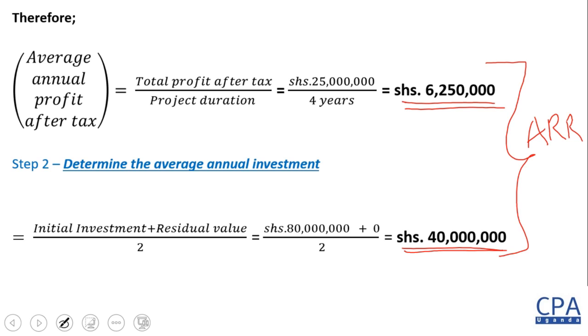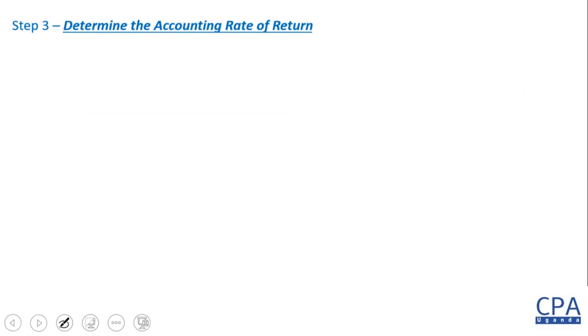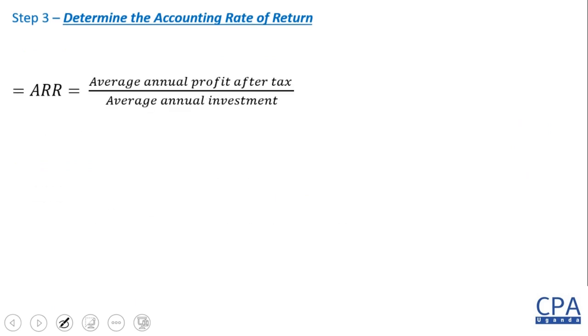All right, so I proceed to step number 3 to determine the accounting rate of return. From our previous discussion, we've appreciated the fact that the accounting rate of return is the average annual profit after tax, which you have got according to our step number 1, 6,250,000. That is our average annual profit after tax. Next, we divide, as the denominator, with the average annual investment.